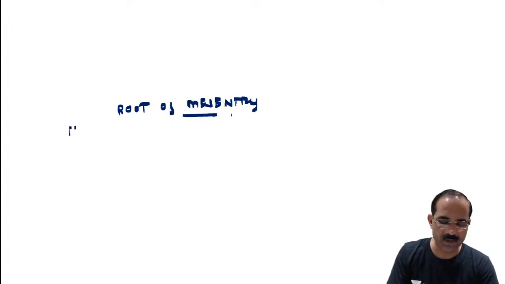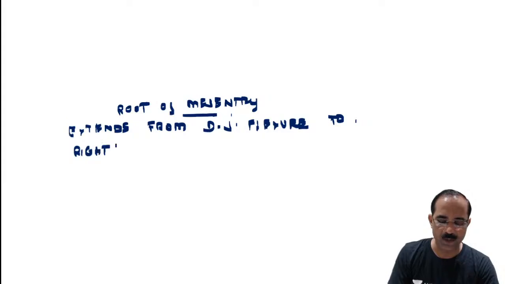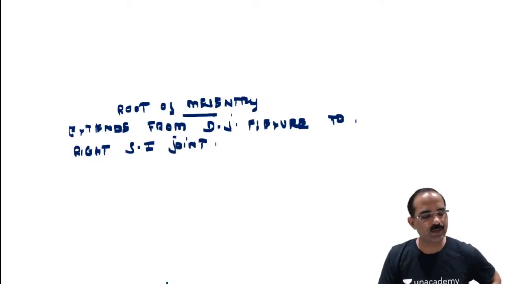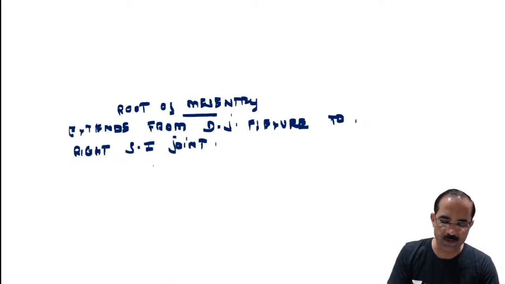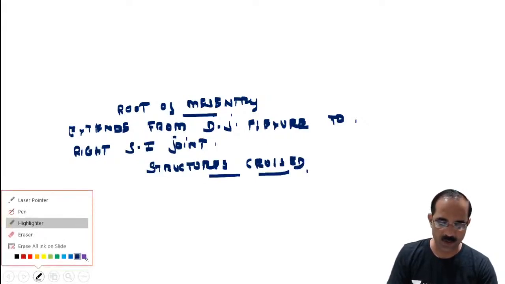Root of mesentery extends from the DJ flexure, the duodenojejunal flexure, to the right sacroiliac joint. Structures crossed by the root.